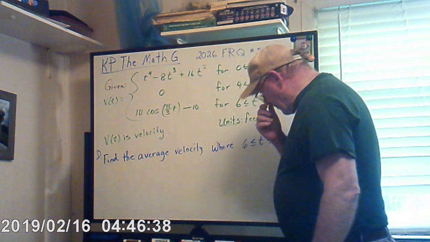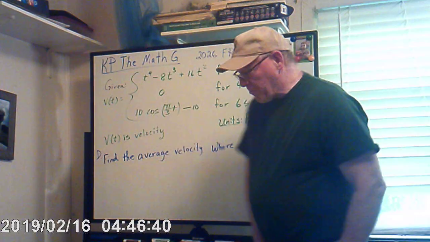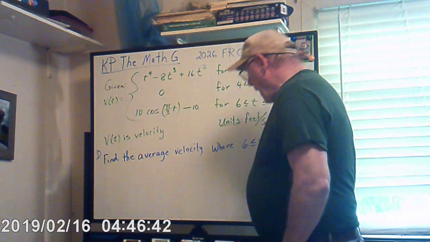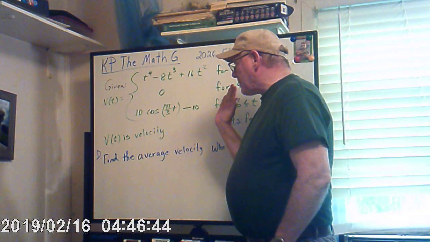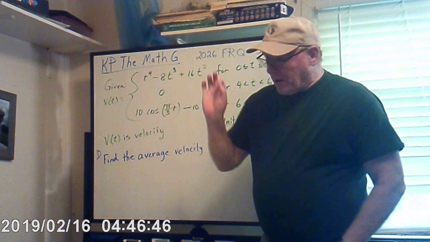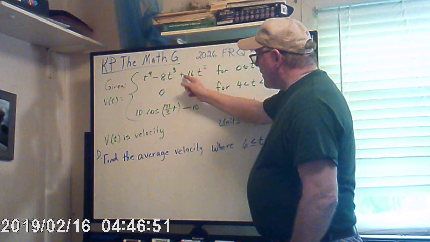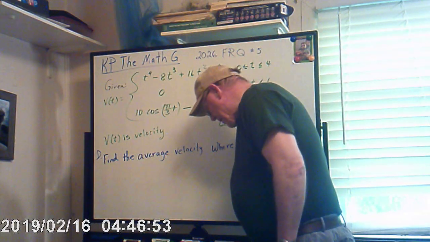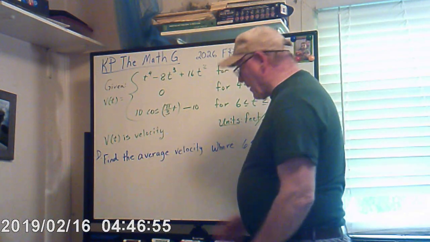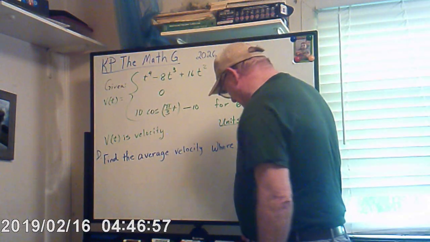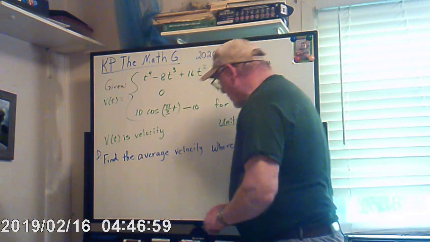Alright, so I want to show you something. If you're trying to figure out distance, which was part C, using this function, we could find distance if we just did this. I'm going to use green.